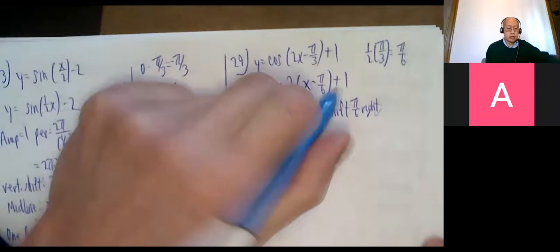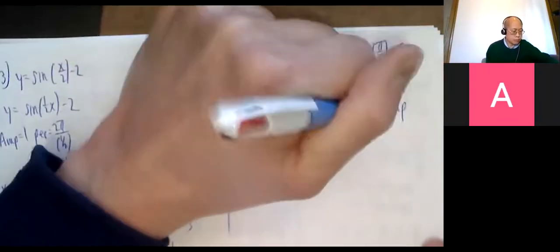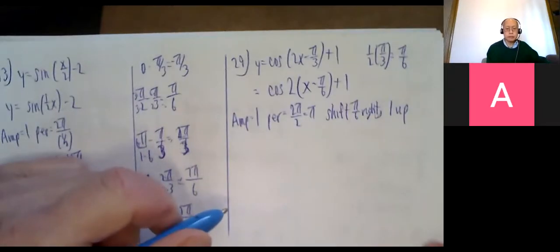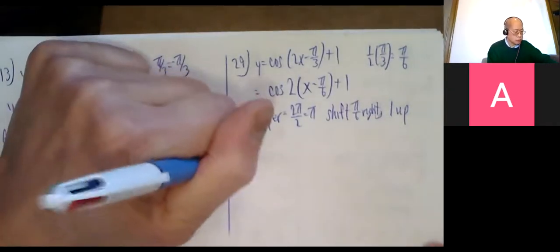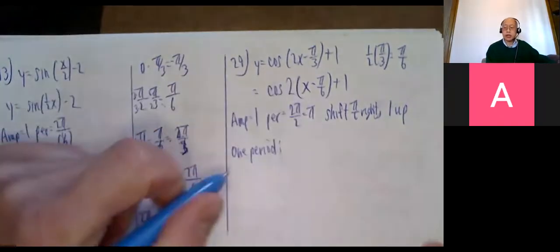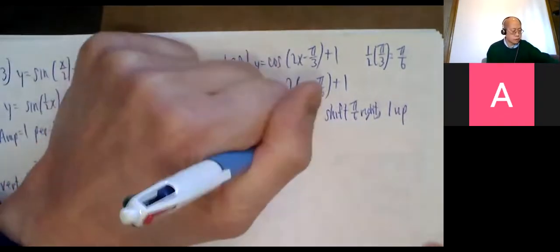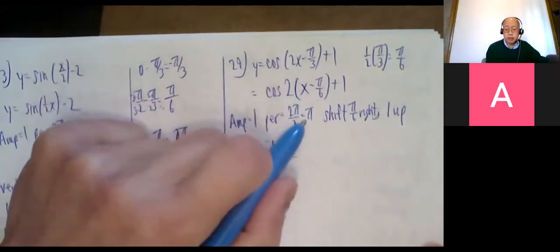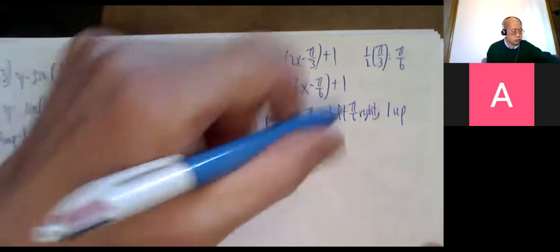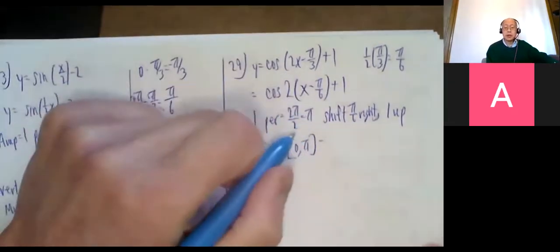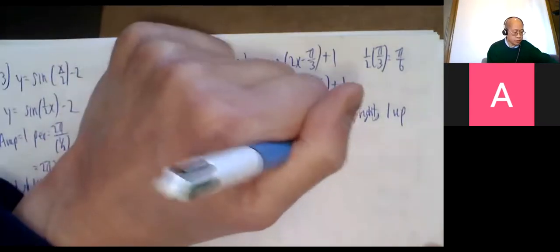1 up. So where am I going to get 1 period? If I didn't have a horizontal shift, it'd be from 0 to pi. But I have to add pi over 6.